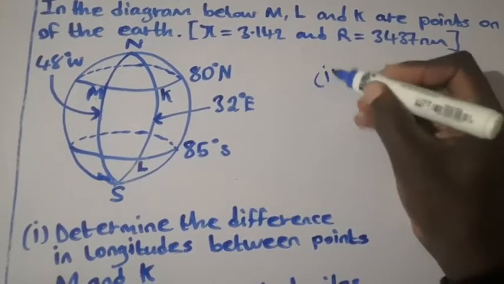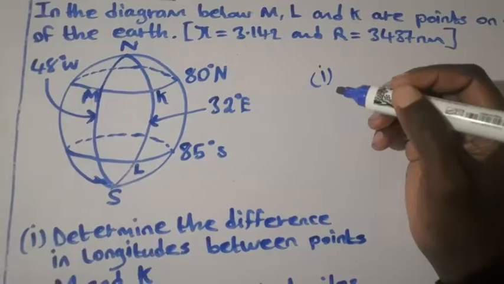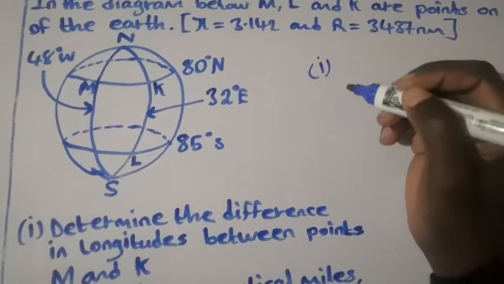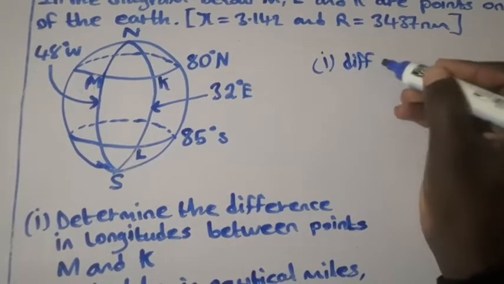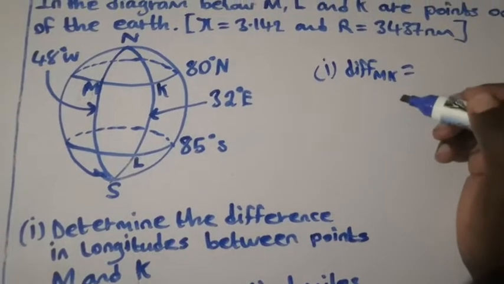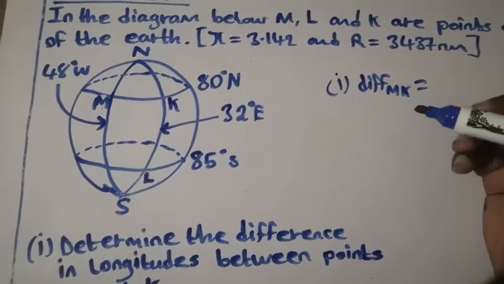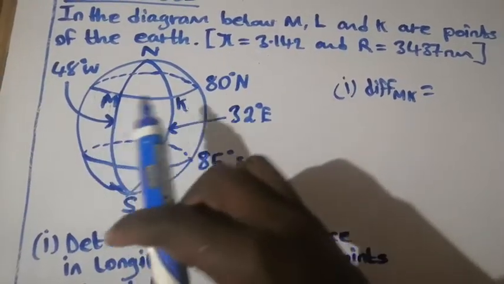So, Loma numero 1. They want us to find the difference between point M and K. So we are going to check where the letters are coming from.